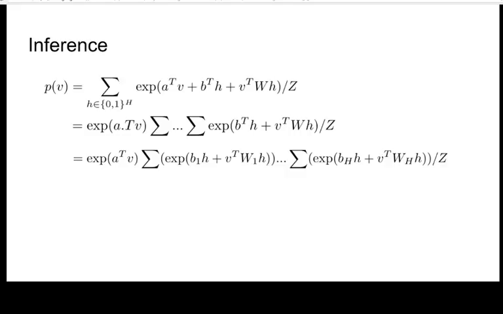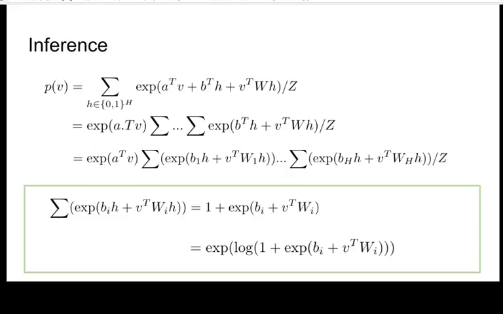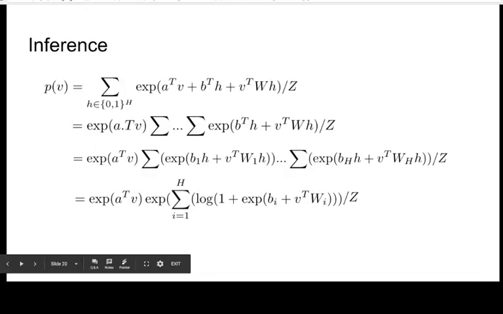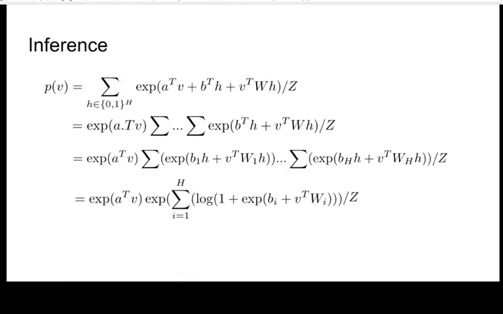Now the cool thing about this is that H is binary. It's either 0 or 1. So if you stick it into this term, it's always going to be 1 plus exp of this, which is the same as exp of log of this. Using that, you can convert this to a sum. This is the cool part.